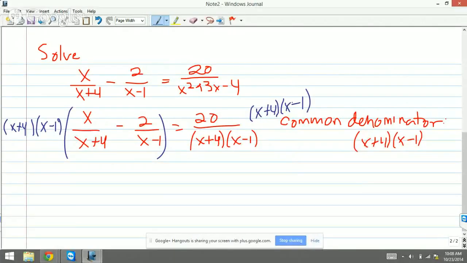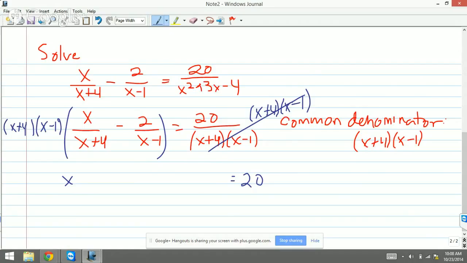On the right side, what do we have left? 20. They cancel. And then on the left side, when you distribute it here, what's left? x. Those two cancel each other out, right?